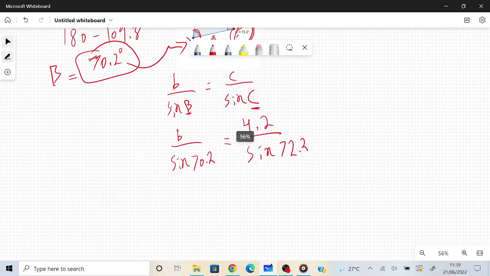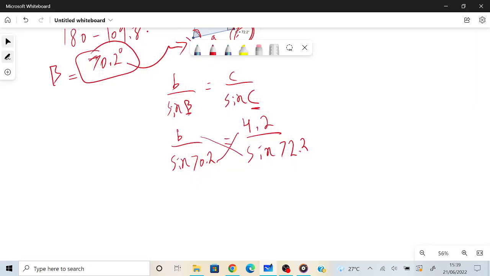Okay, so cross multiplying this, we have 4.2 times sine 70.2. That is 3.951699 equals b times sine 72.2.